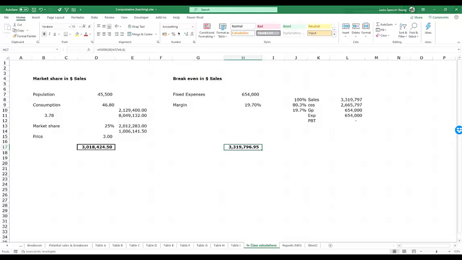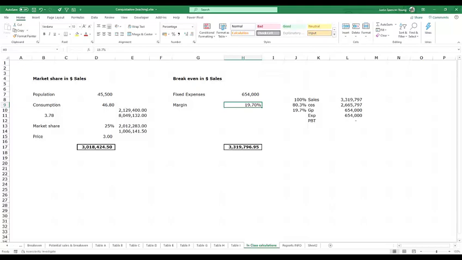First of all, I'm going to go back to this margin here, 19.7%. I'm always cautious about the source of the data and whether it's accurate enough for us to be able to use. If this margin was for liquor, wine, and beer, I think it's going to overestimate our profit margin, because typically beer profit margins are lower than wine and lower than liquor.